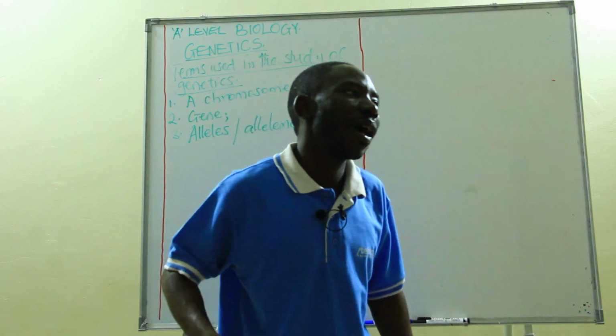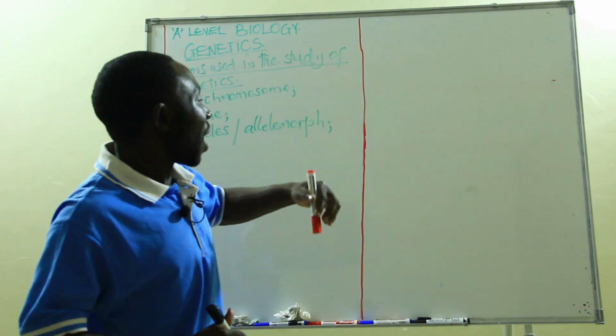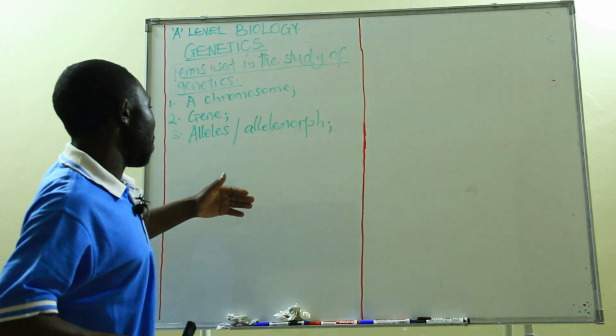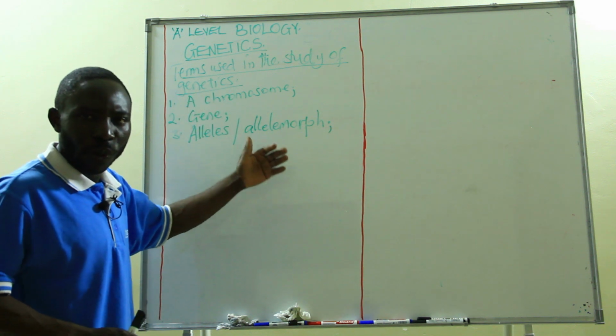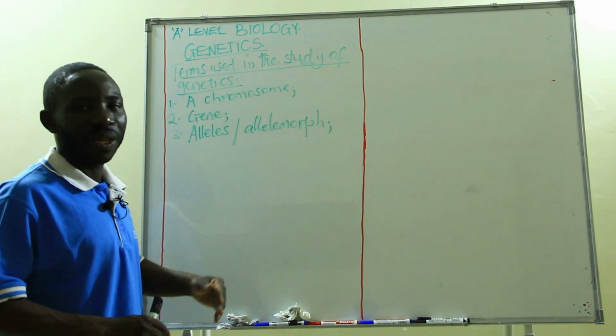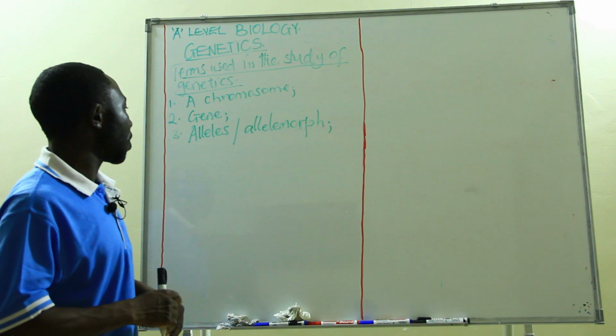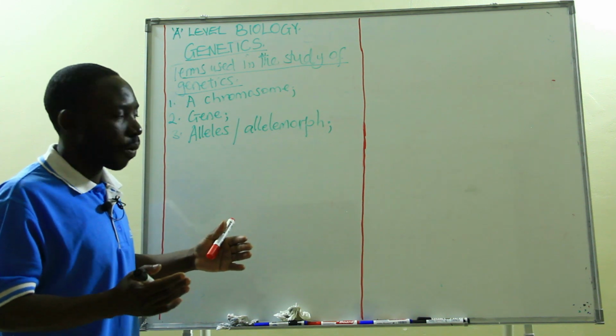Those are what we call alleles. So alleles are also genes, but we call them alternative forms of a gene that control or determine contrasting characteristics, contrasting forms or expressions of a character.